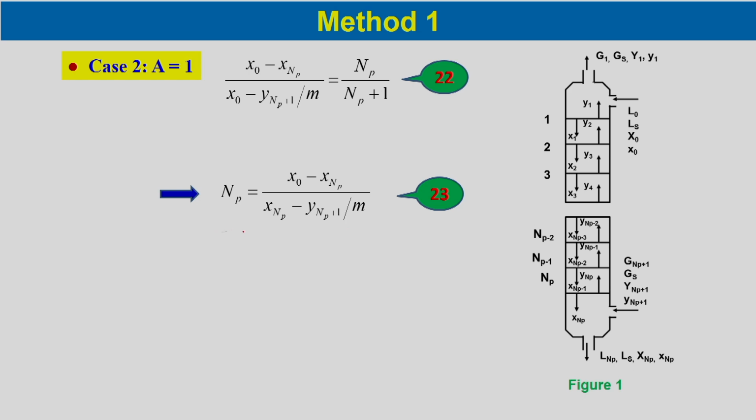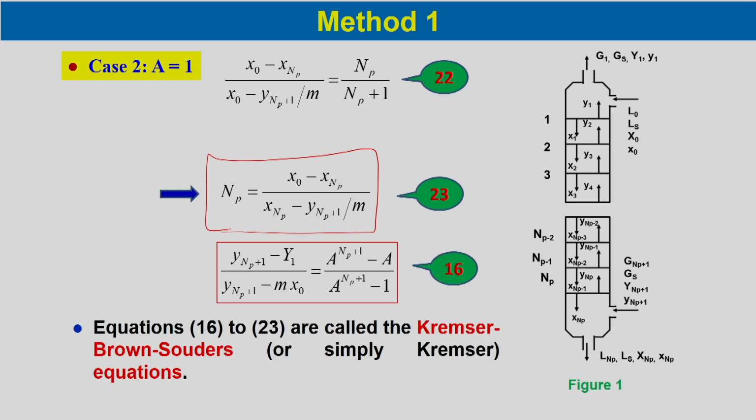So, using these relations for stripping when the absorption factor is 1, we can calculate the number of stages for the stripper. So, this equation 16 which we have derived here, and then the series of equations for different cases, we have considered special cases when the absorption factor is 1 and when it is not equal to 1, both for absorption as well as for stripping.